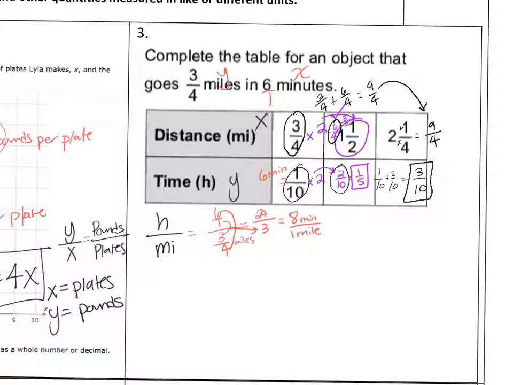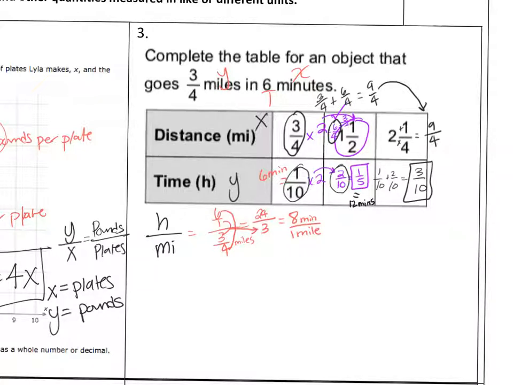So what this chart is telling you is in 3/4 of a mile, you go 1/10 of an hour. And in 1.5 miles, you go 1/5 of an hour. 1/5 of an hour is, if you broke up 60 minutes into fifths, 60 divided by 5, which is 12 minutes.